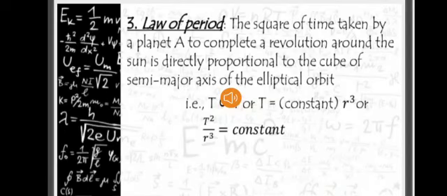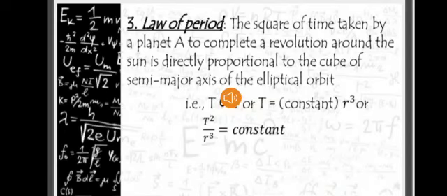Let us assume that the orbit of the Earth is circular, and the circle is a special case of an ellipse. The gravitational force between the Sun and the planet provides the centripetal force to the planet to move in a circular orbit.